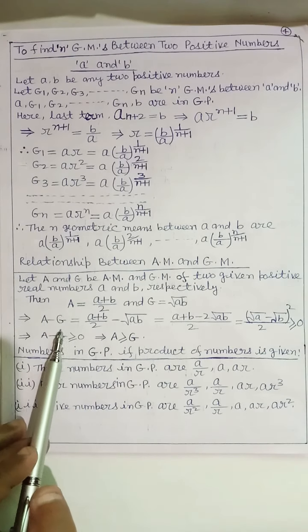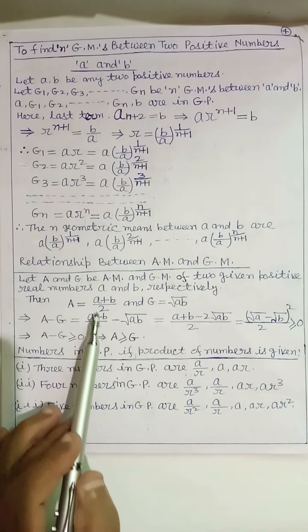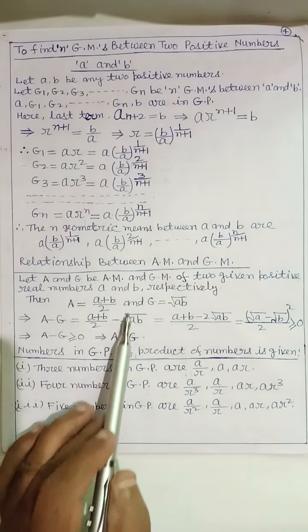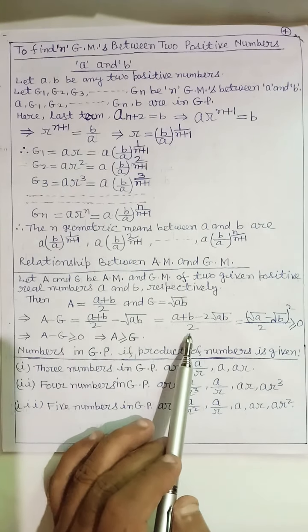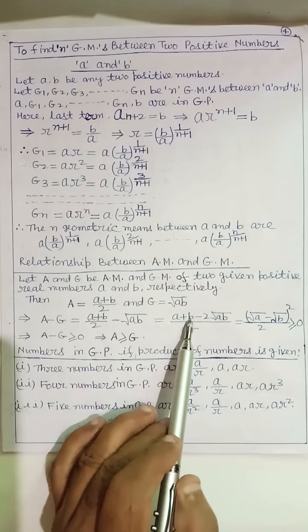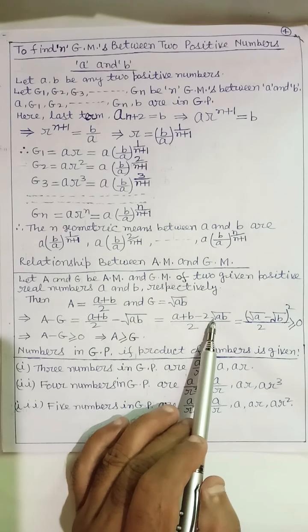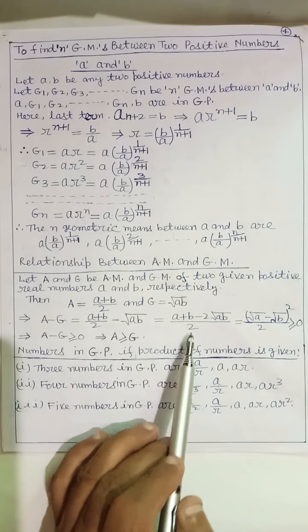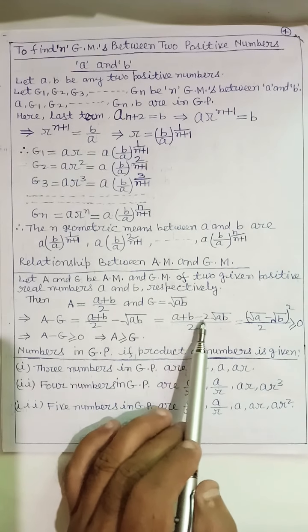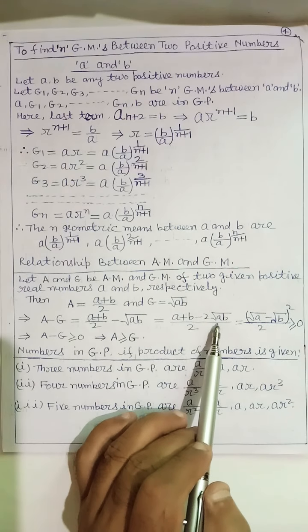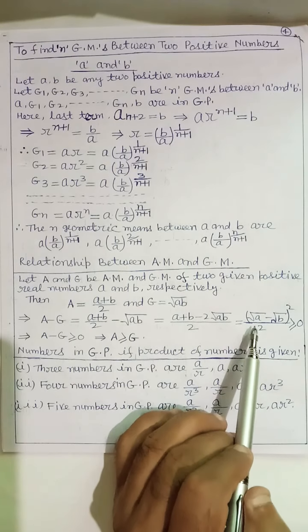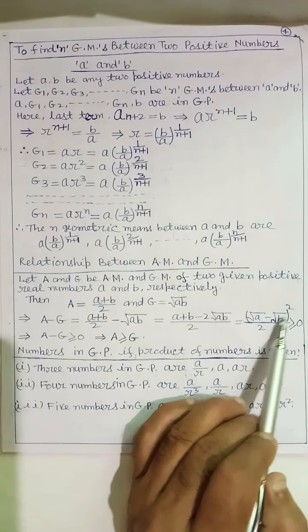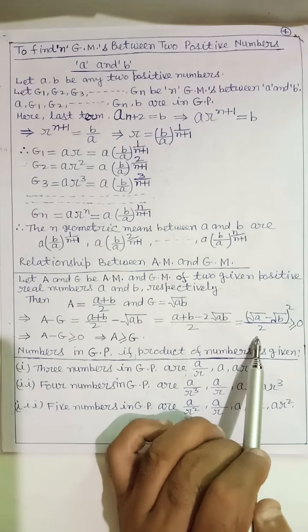Now A minus G, what will it be? (a plus b) by 2 minus square root of ab. And we solve this, we can write it in this way: (a plus b minus 2 root ab) by 2. And what is this? a plus b minus 2 root ab is the square of (root a minus root b), whole square by 2.